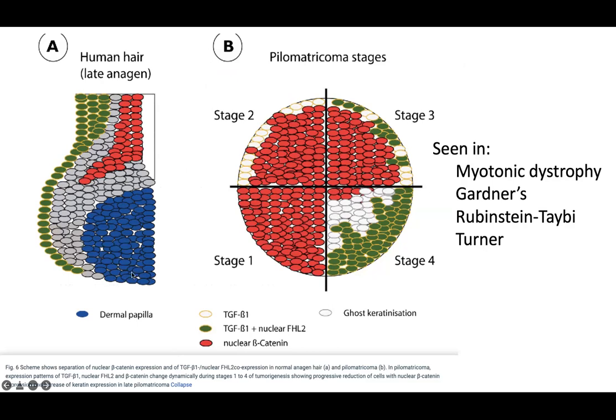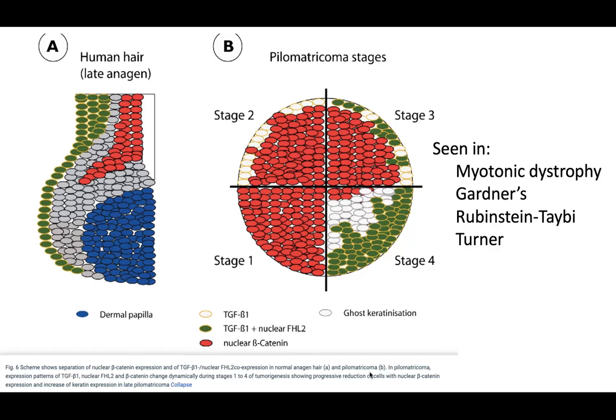TGF-beta 1, as well as nuclear FHL2, is often associated with the outer portion of the hair follicle, and this is an anagen hair follicle. So the schematic shows the separation of where nuclear beta-catenin expression and TGF-beta 1 nuclear FHL2 co-expression exist in a spatial orientation in the normal anagen hair follicle.